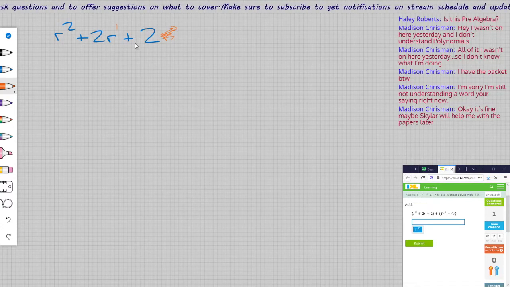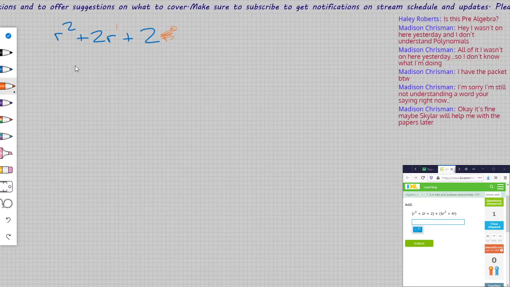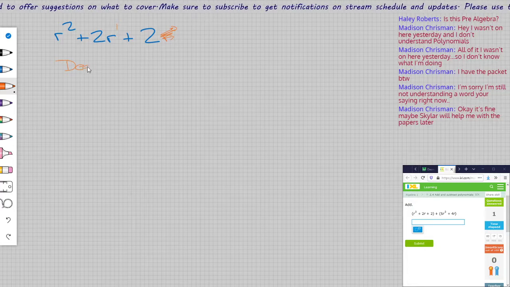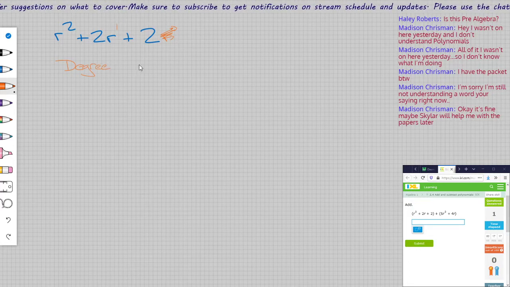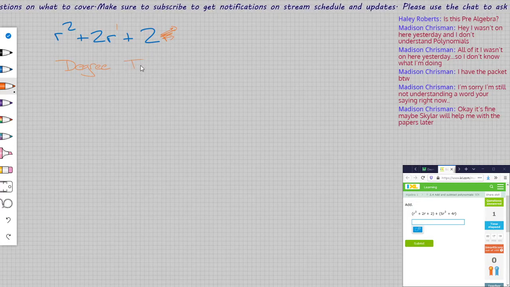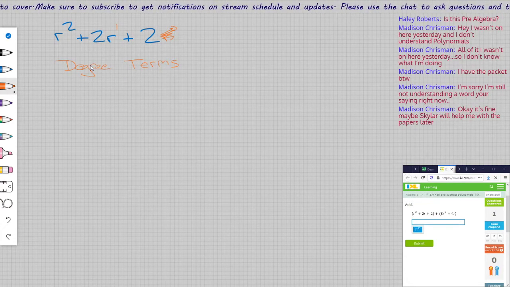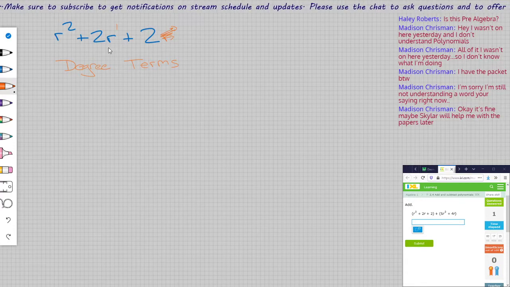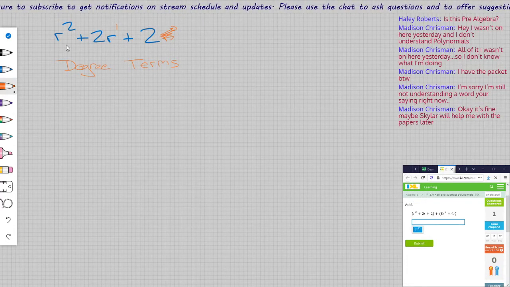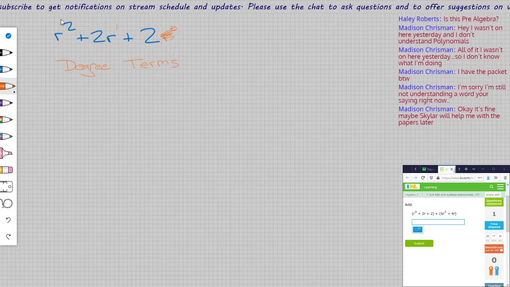So if I was to name this, you're going to name it off the degree followed by the number of terms. Okay? So what is the highest degree in this polynomial? The highest degree is the highest exponent value, so this is 2.